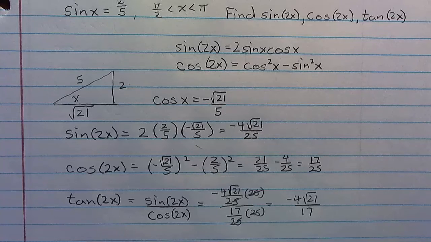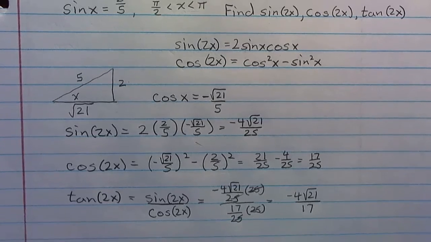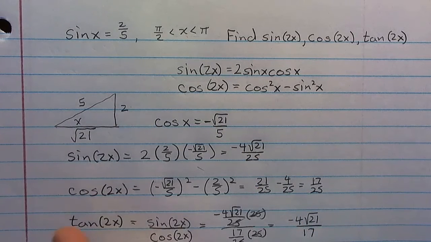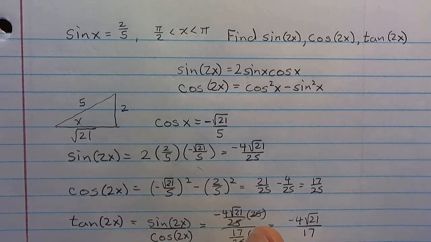Now let's see how we would find the half angles. In other words, I'm going to take this same setup here, and this time I want to find sine 1/2 x, cosine 1/2 x, and tangent 1/2 x.